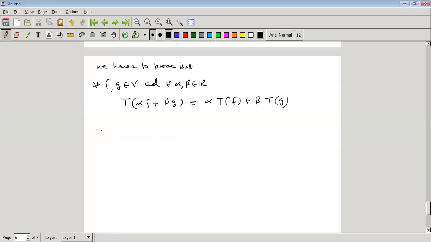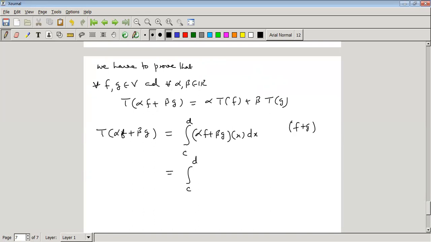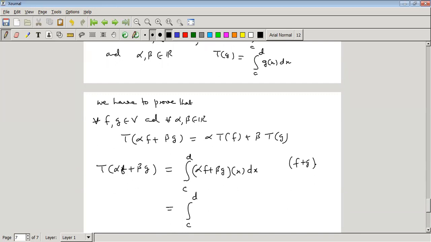So we start with the left hand side. T of alpha f plus beta g is the integral from c to d of alpha f plus beta g at x dx. It is by definition, right? We can write this as the integral from c to d, where the addition of two functions f plus g at point x is defined as f of x plus g of x.